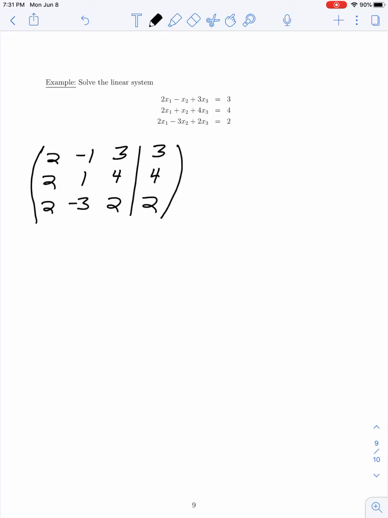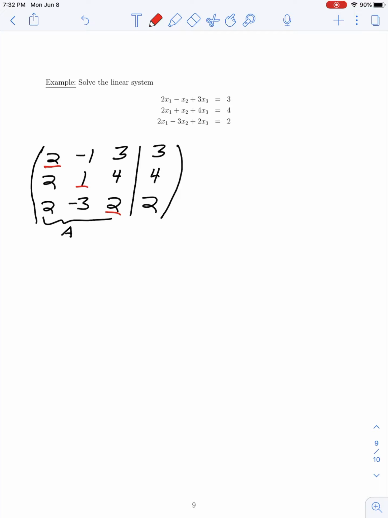So again, I want to try to transform this coefficient matrix A into a matrix where I have 1s on these diagonal entries and 0s everywhere else. If I can get it to that form, then I immediately can read off what x1, x2, and x3 are.